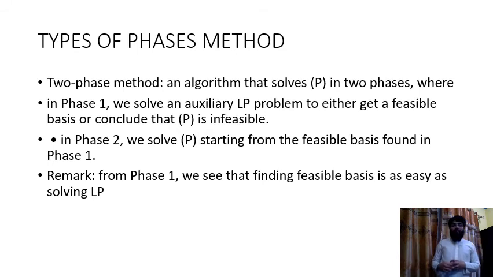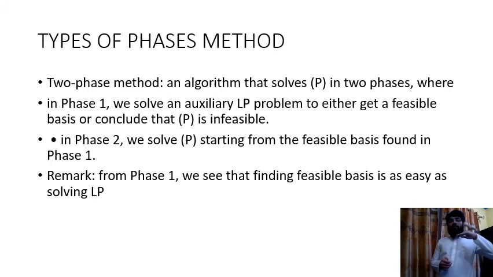That means when you start a program or solve some mathematics, you first check whether the problem is feasible or not. If it is, then you go and solve the problem.